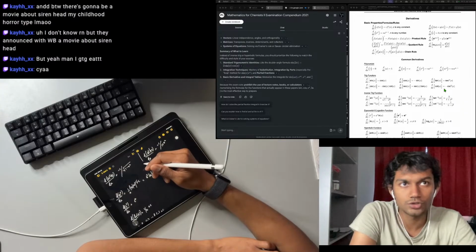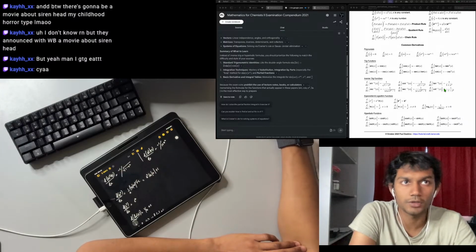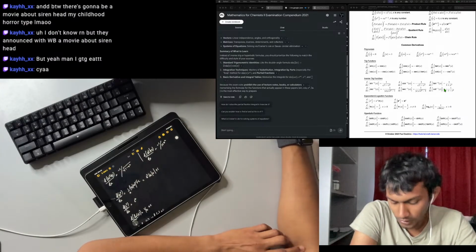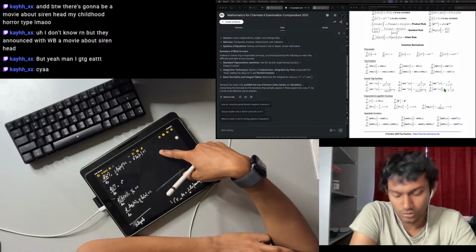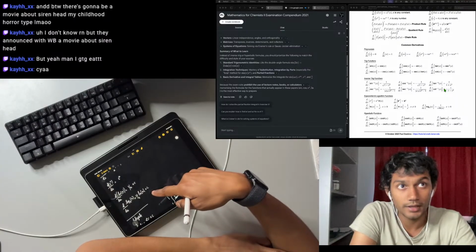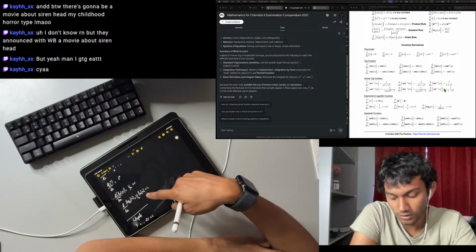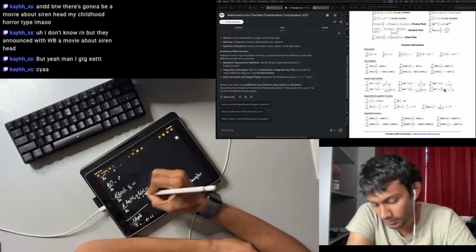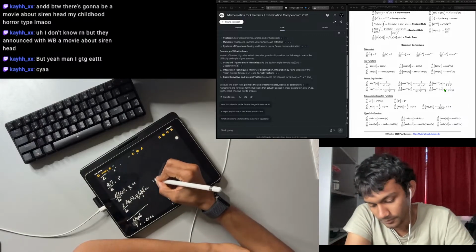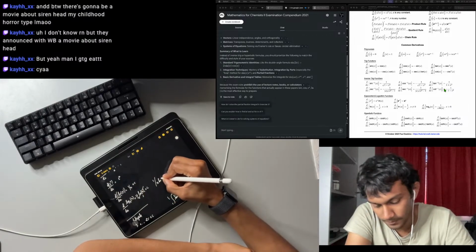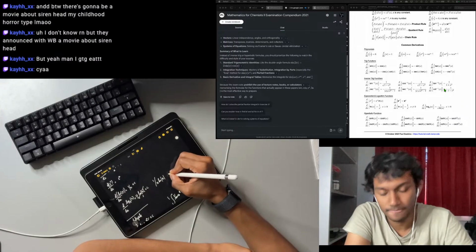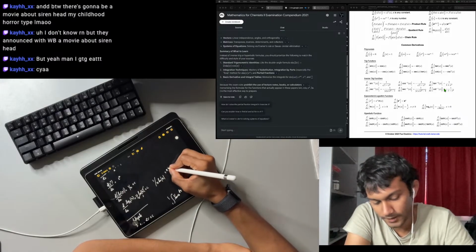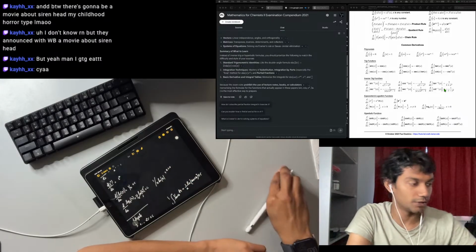The derivative of e raised to x is e raised to x. 1 by x, yes. Log of a, 1 by x, natural log of a. It should have been at the bottom, okay. x greater than 0, that should also be mentioned.